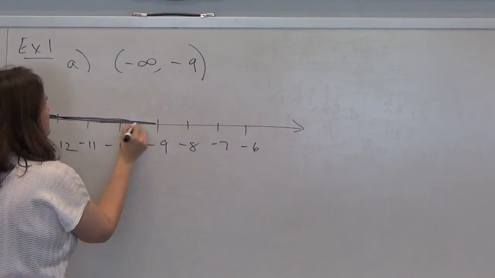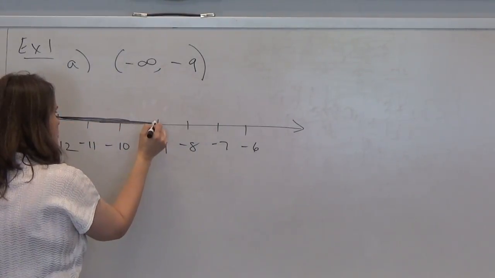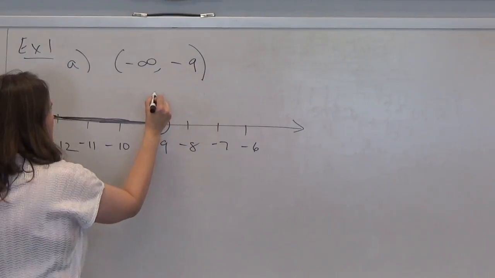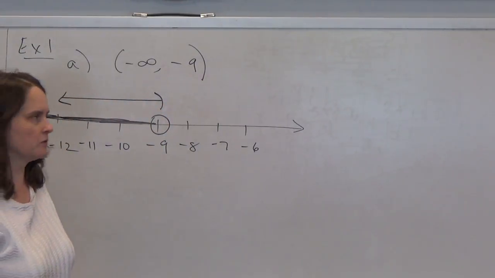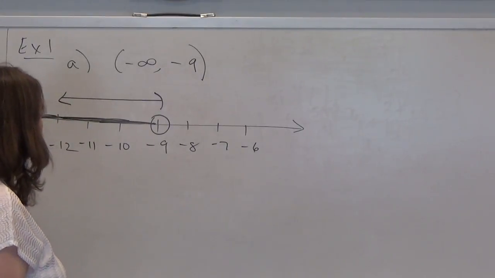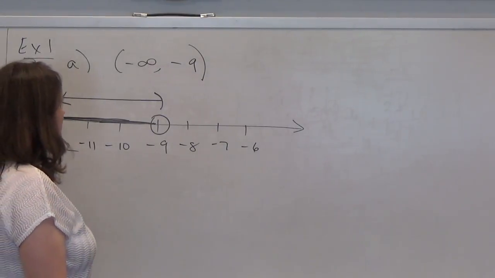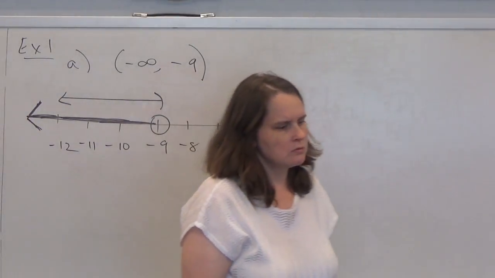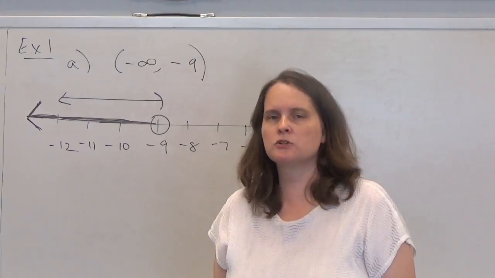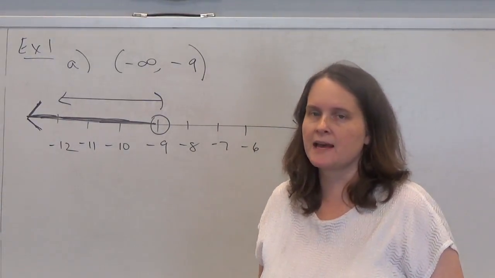So we want to shade everything from -infinity to -9 on the number line. When we come to -9, you can use either the open circle or you can use the round parentheses. I'm going to do it both ways because I think it's helpful to see it both ways. All right. Now that I've got it graphed, I can give the inequality. They said write an inequality, so that means you're going to write it in terms of x.